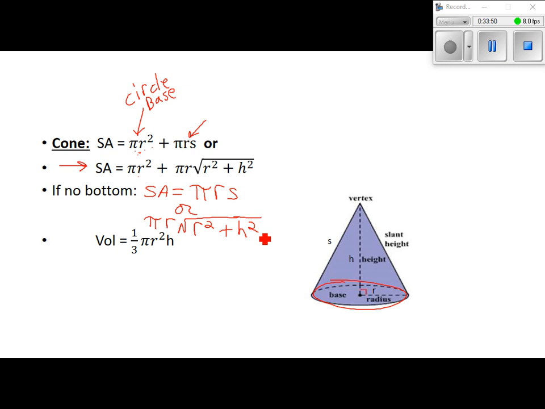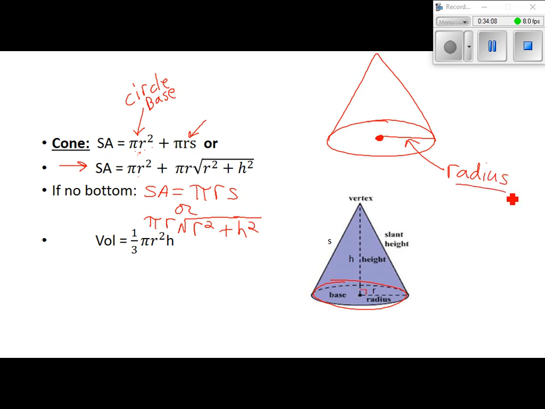Now on this, different books teach different things, or have different letters. If I have this cone, from the center to the edge here of the circle, that's the radius. From the vertex, remember that's that top corner, down to here at a right angle, that's the height.